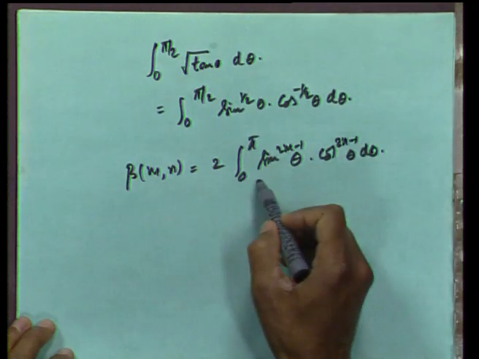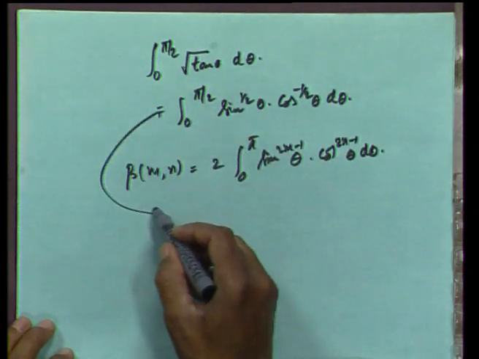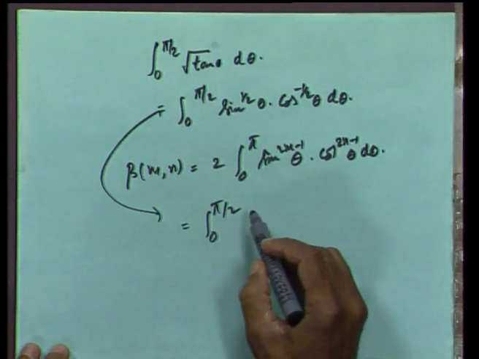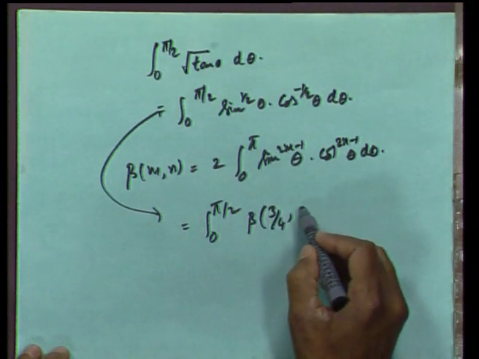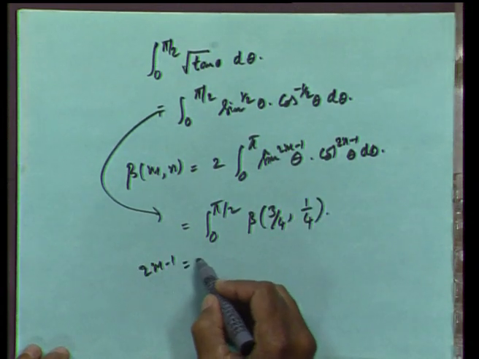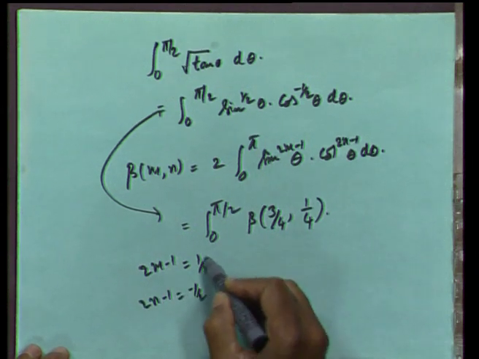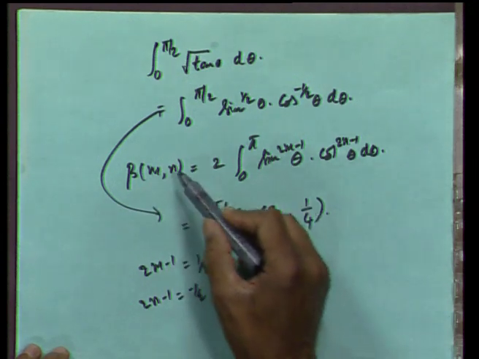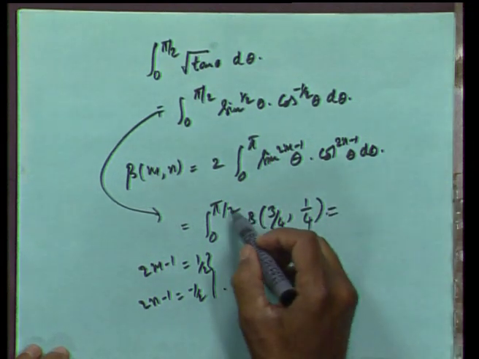When you compare this integral with this, you will find that it is equal to beta 3 by 4, 1 by 4, because here 2m minus 1 is equal to half, then 2n minus 1 is equal to minus half. If you solve this, in place of m you have now 3 by 4 and in place of n you have 1 by 4.